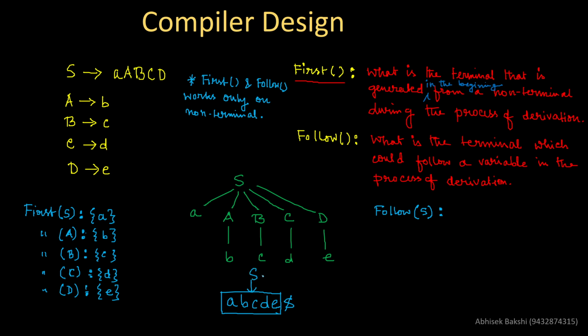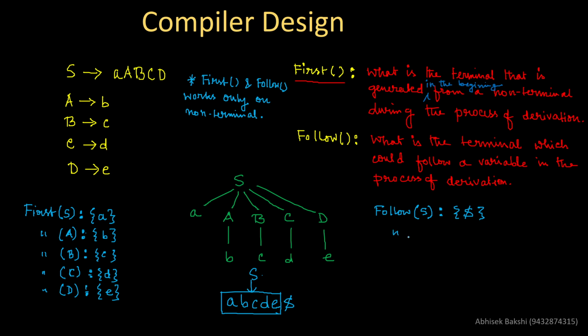That means after S there is a dollar. That means during the process of derivation, the terminal following the non-terminal S is dollar. After this S I have a dollar. That means always remember that the start symbol is always followed by dollar.